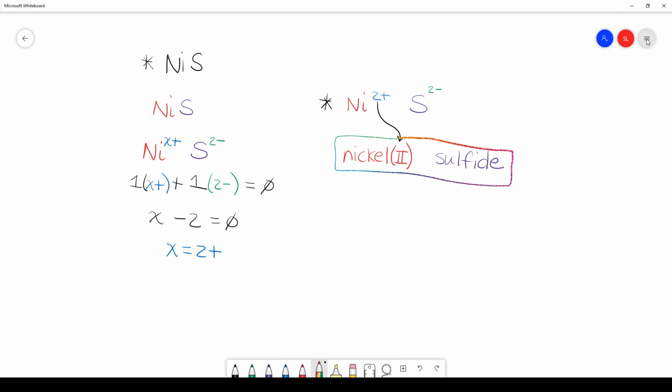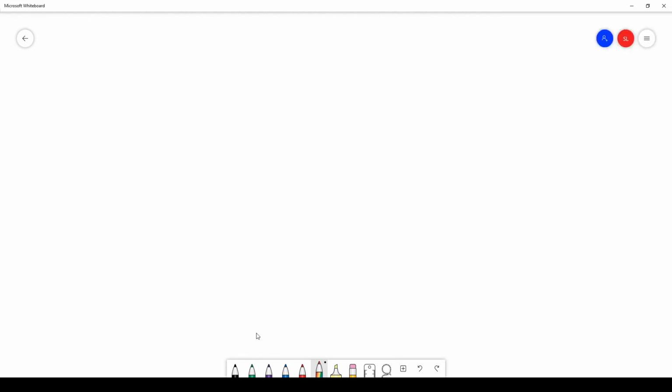And we have one more example. Al2O3. So my cation is aluminum. My anion is oxygen. Okay, so now I need to write my cation with its charge, my anion with its charge.